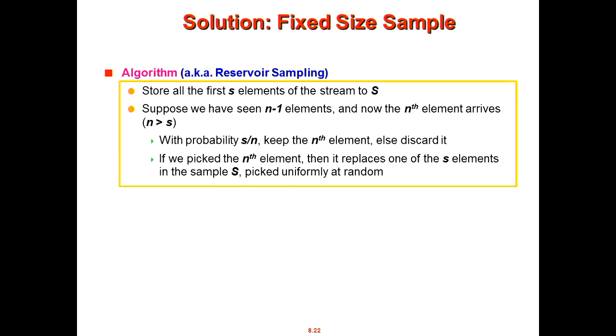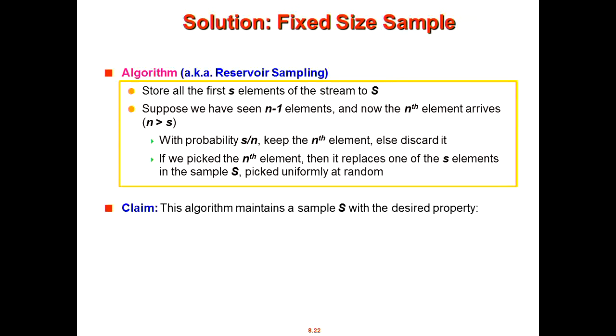So one element from S will be selected and thrown out of S, and then we put this new element into S. By doing this, we always keep the size of the sample as S. And this algorithm can guarantee that at any time point, all the elements that have been received by our system so far have equal probability of being contained in S.